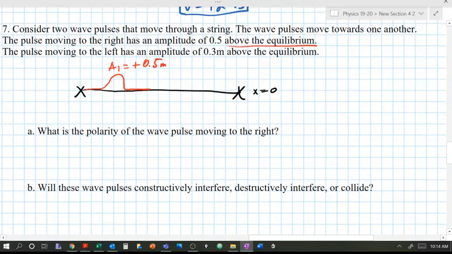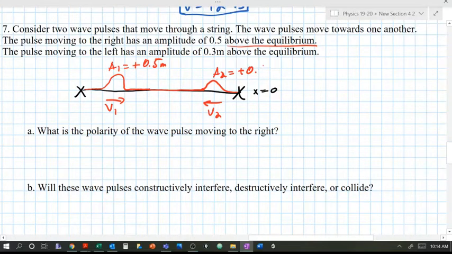But we're also sending another wave, a slightly smaller wave, to the left through that string. So that wave goes to the right, and this wave goes to the left, and it has an amplitude of positive 0.3 meters.